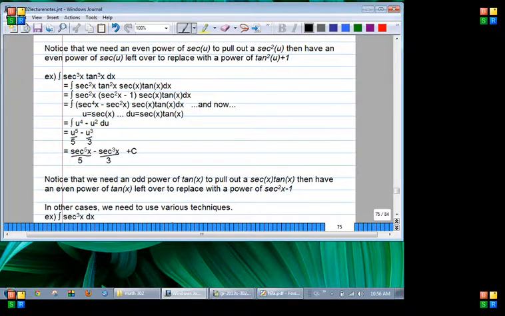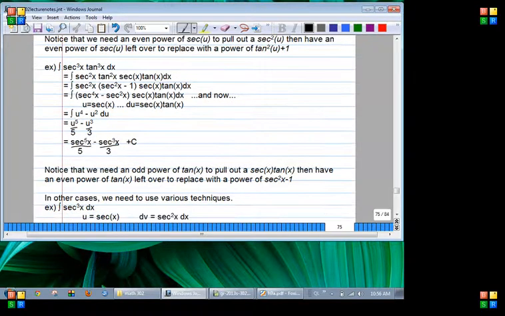Integral of secant cubed x dx. Okay. So we're actually going to split up the secant x and the secant squared x, and we're going to make that our u and our dv.